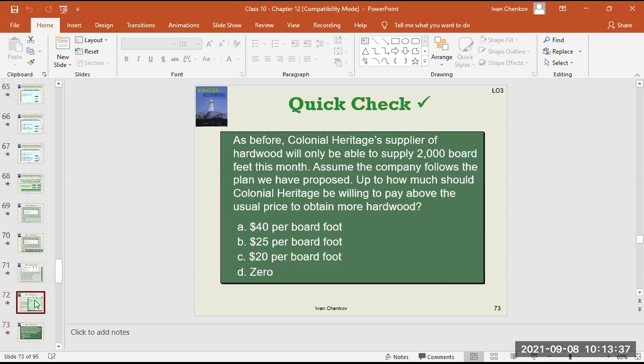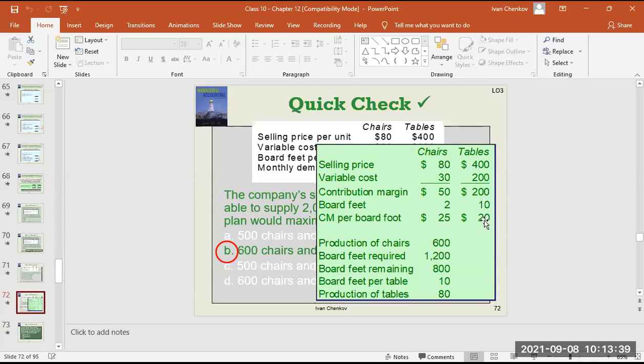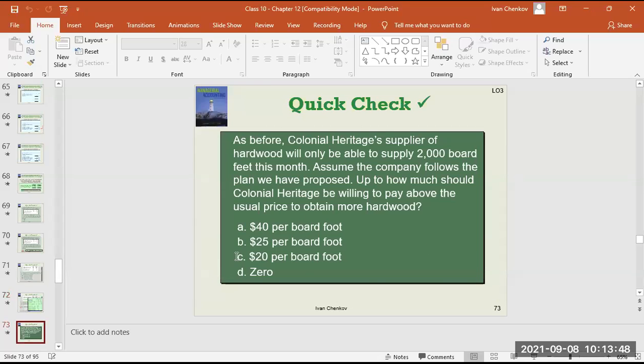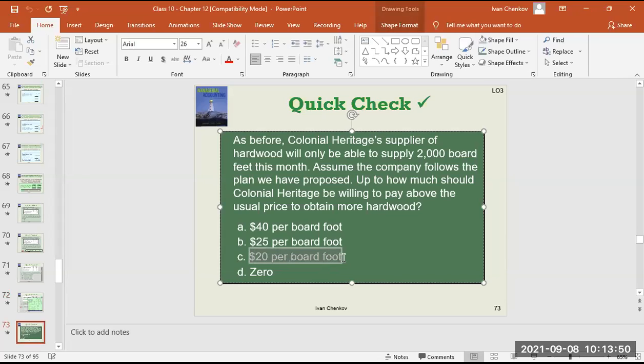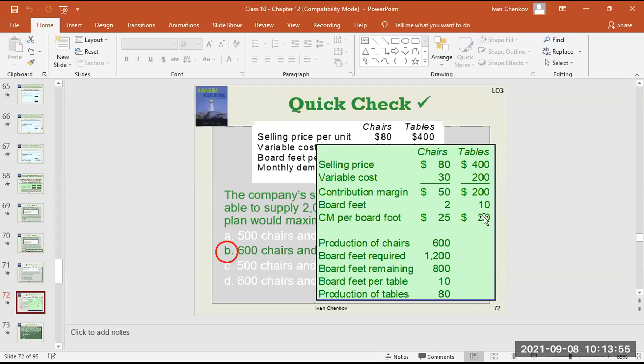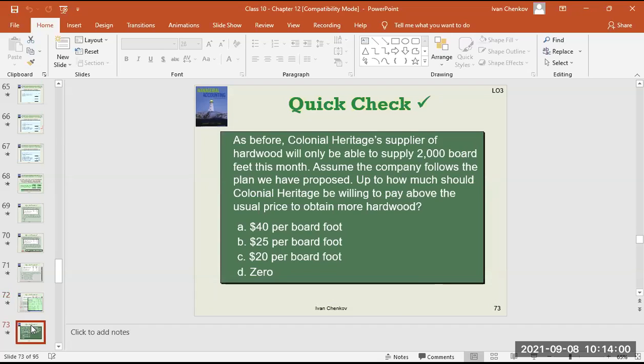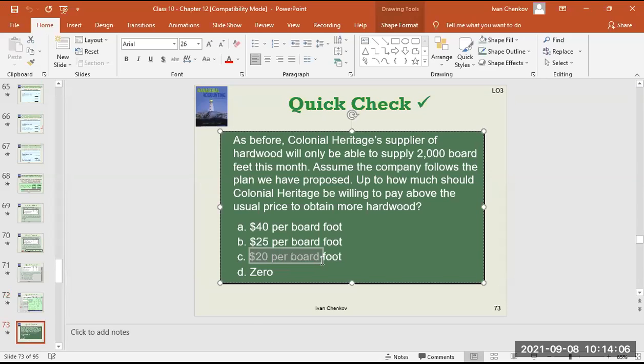Since we know that our contribution margin per board foot on the table is $20, the maximum price that we are willing to pay for the board foot will be $20. Why? Because if we pay $20, that's exactly the contribution margin. At this point, we're not losing money, we're not making money. We're at the break even. So the maximum price that we're willing to pay is $20.